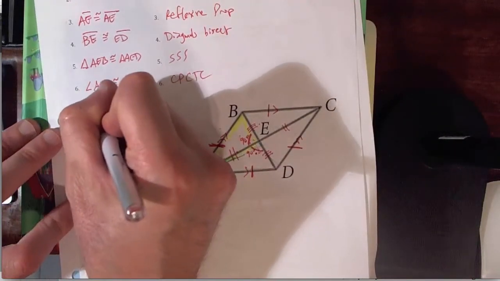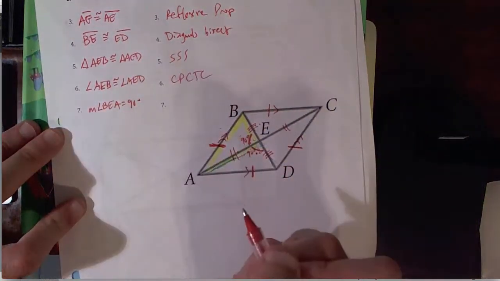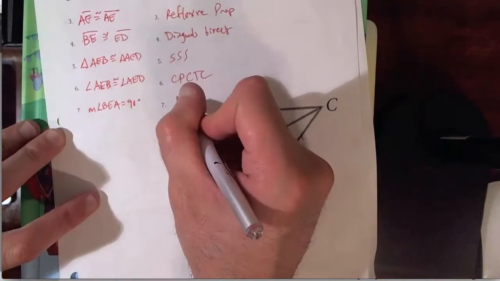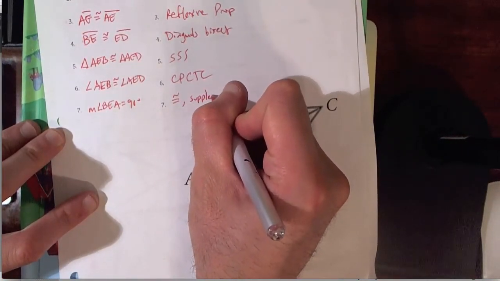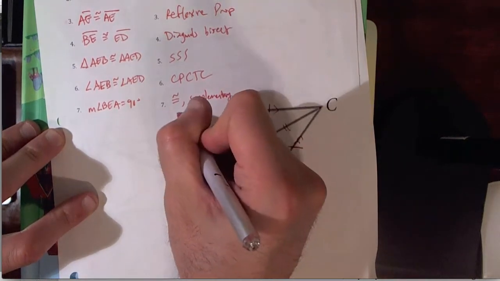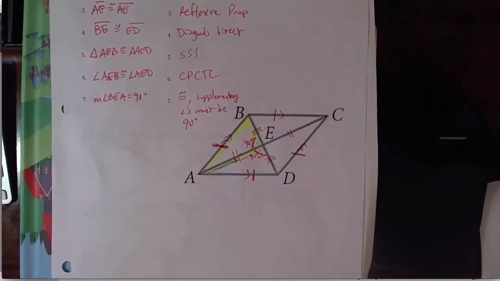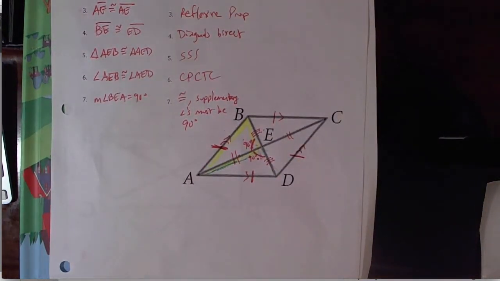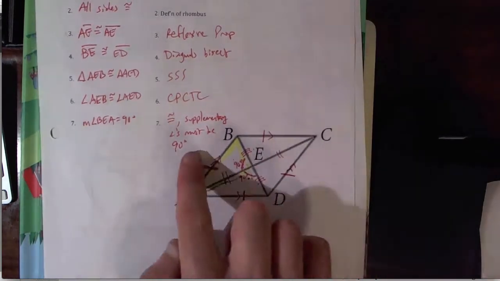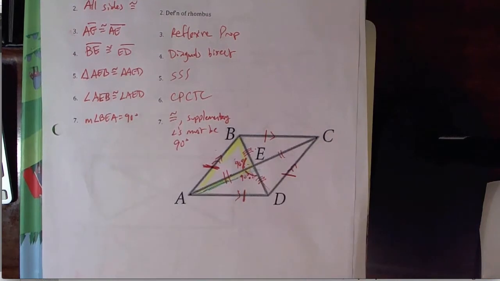So we can say that the measure of angle BEA equals 90 degrees because congruent supplementary angles must be 90 degrees, right? Angles that are both congruent and make 180, they both have to be 90 degrees. So we have just proven that if I've got a rhombus, I can guarantee that these diagonals are perpendicular.